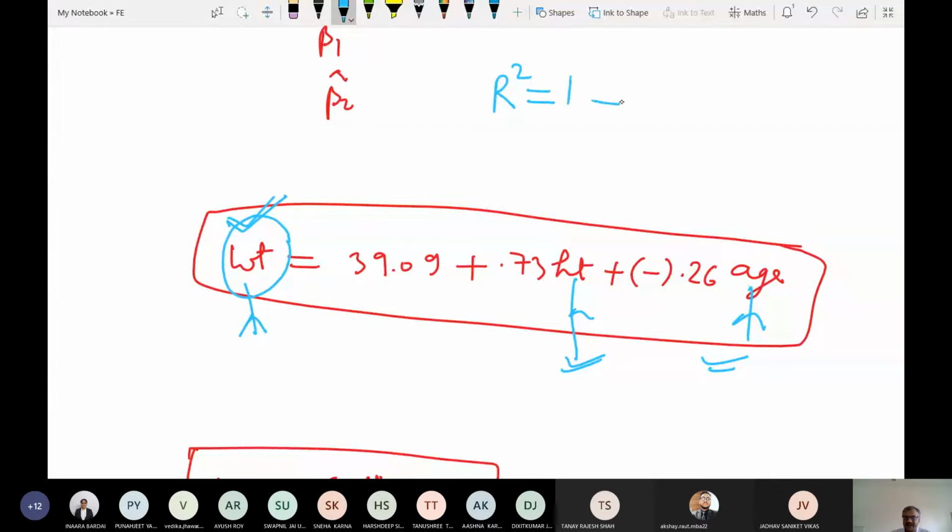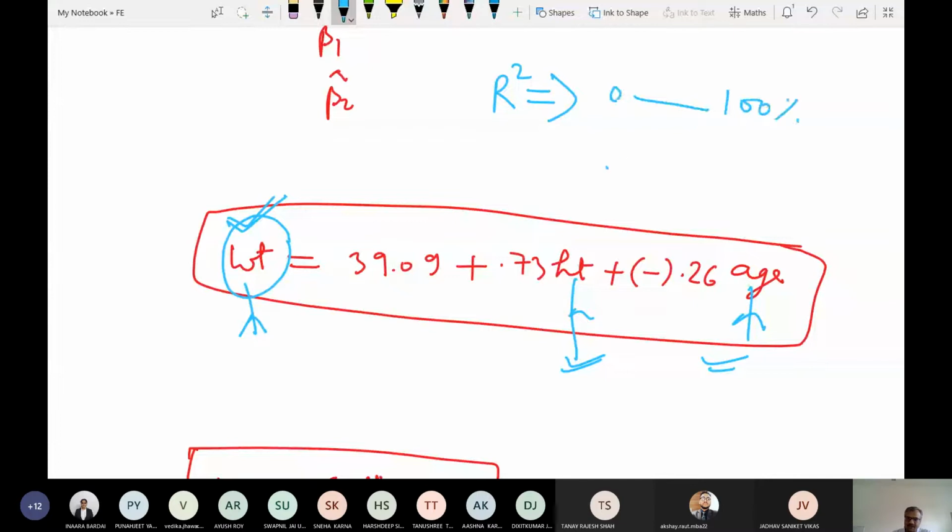Just this much is enough for you to understand R square. The value of R square is calculated in percentage, so 0 to 100% is the range.